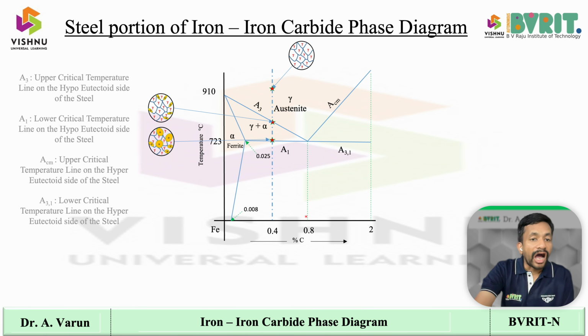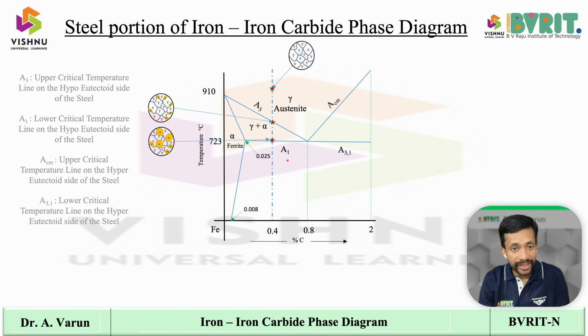That means all the carbon which is present inside the austenite will come out and form ferrite at different zones, and formation of ferrite requires only 0.025 percentage, and the remaining carbon will be absorbed by the neighboring austenites in order to get 0.8 percentage of carbon. Why specifically 0.8? Because it wants to take part in the eutectoid reaction.